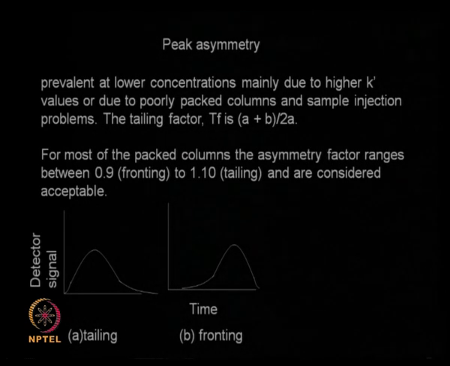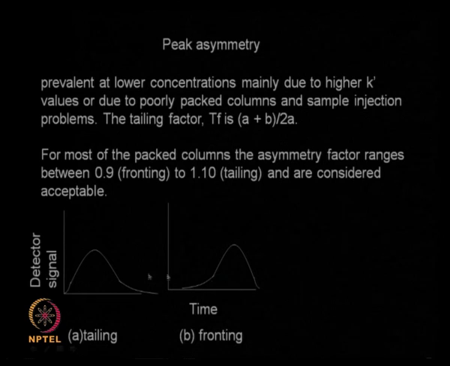There is something called peak asymmetry. Although we have been thinking that the peak leaving the column will look like a normally distributed, extremely symmetric Gaussian, it will not be so. It may have a fronting, or it may have a tailing. That means the concentration may be dropping very slowly, that is called tailing, or the concentration may be rising very slowly, that is called fronting.